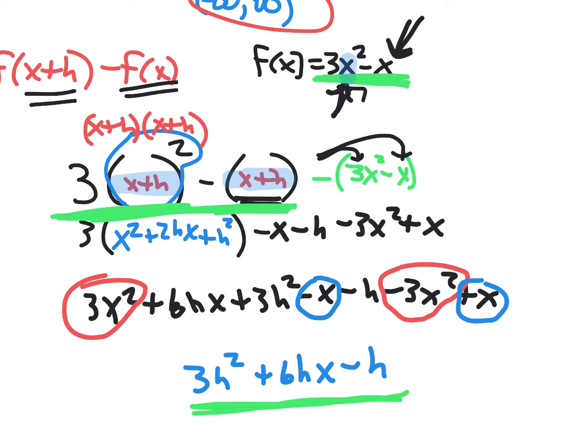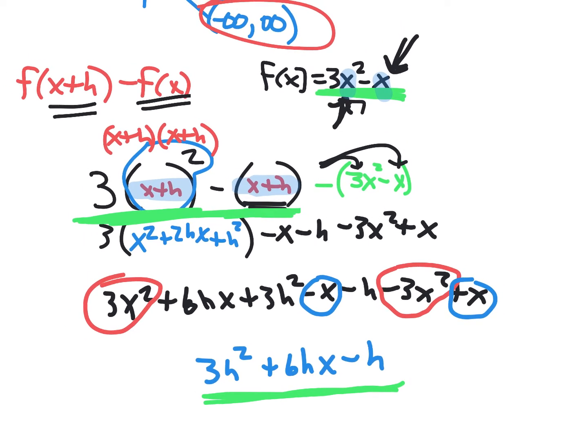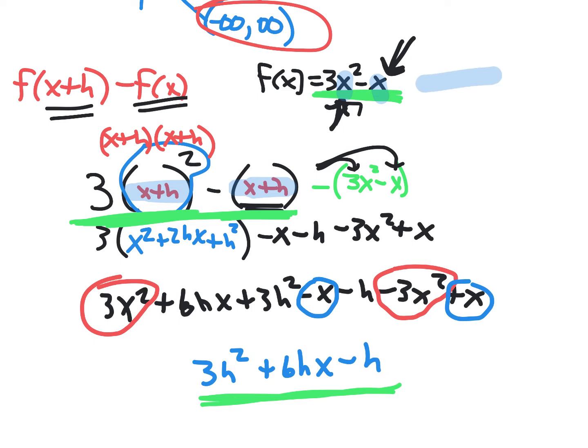See, they went in right here and right here, where the x's were. I put in x plus h's. Do you get how that's this same exact line? 3x squared minus x, except inside where the x was, I put x plus h.